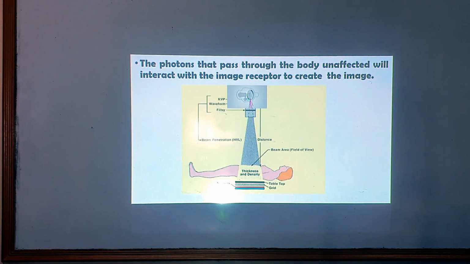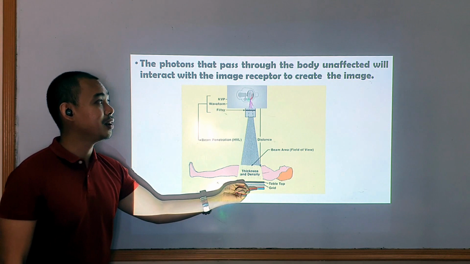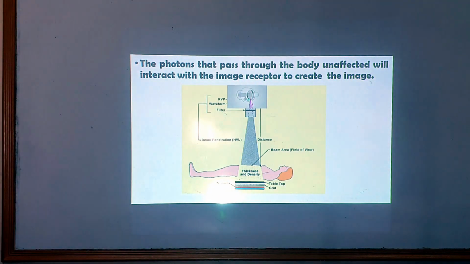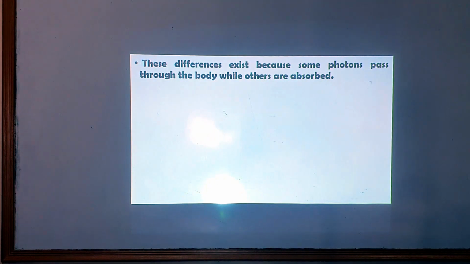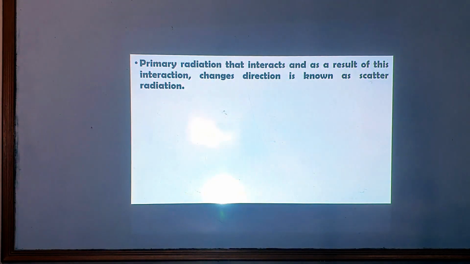The photons that pass through the body unaffected will interact with your image receptor and create your radiographic image. Now these differences exist because some photons pass through the body while other photons are absorbed.